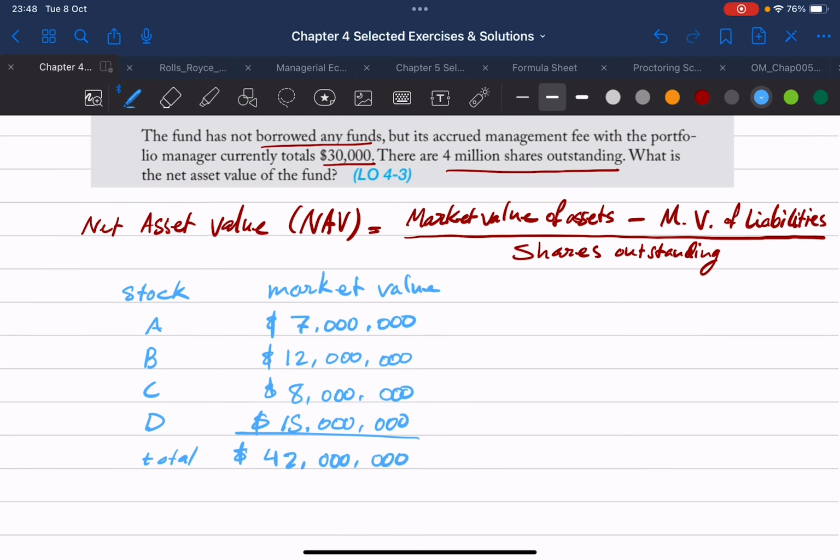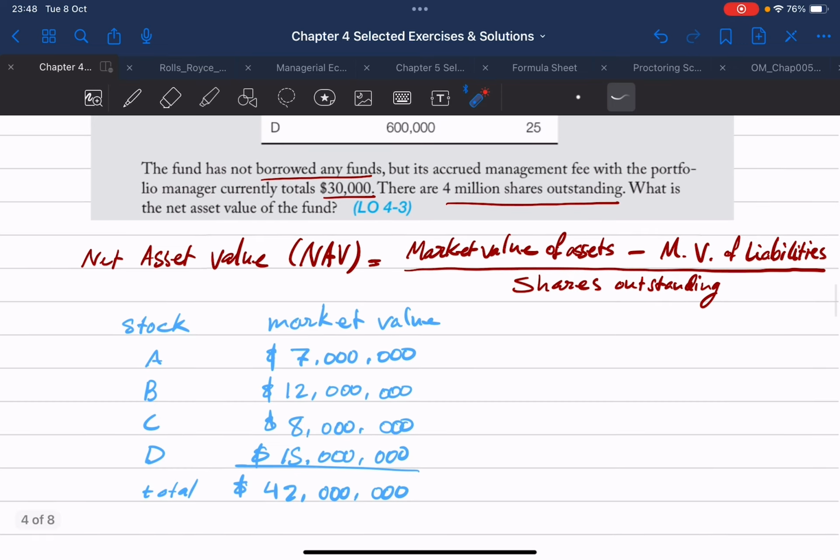All right. All we need to do now is substitute in our formula. So we will take the market value of assets, which we just calculated, and place it here. And we'll take it as $30,000 accrued management fees. We'll put it in here. And then we have the 4 million shares outstanding. It will take the denominator.